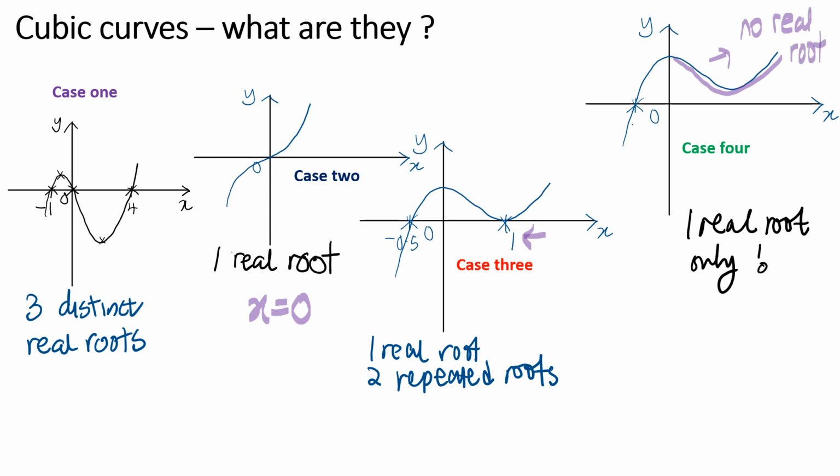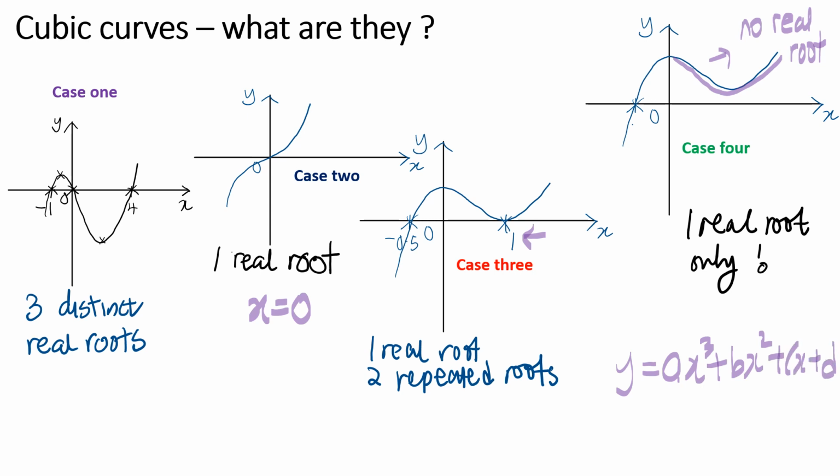So these are the 4 possible kinds of cubic curves that we need to make friends with. And of course, there are other possibilities. The general form of the cubic curve is ax cubed plus bx squared plus cx plus d.